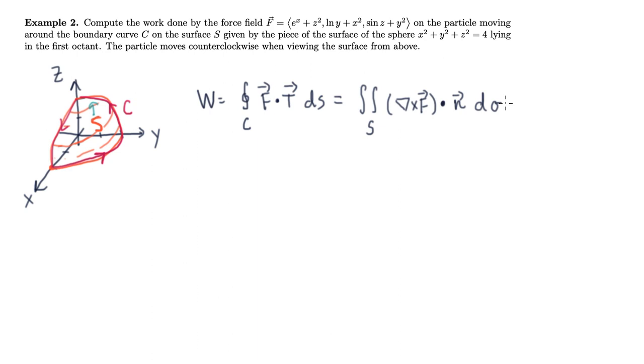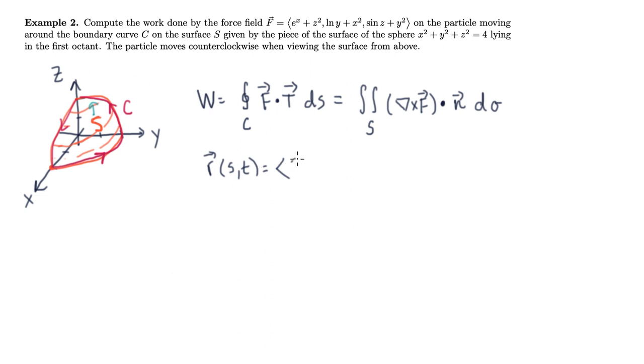So the first thing we need to do is parameterize the surface. But this is part of a sphere, so we're going to recycle our parameterization of the sphere. So recall this sphere has radius 2, so rho is going to be 2.